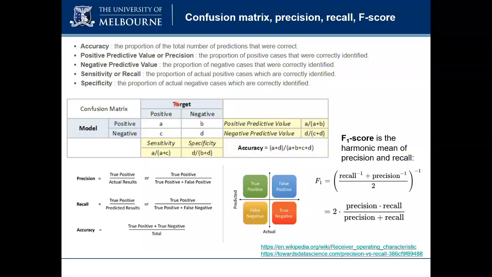Here the target is in the column. Actual is in the column. The model, which is making the predictions, is in the rows. So you have the quadrants as the true positive, because it's really positive and you predict positive, and then the true negative and false negative and false positive.